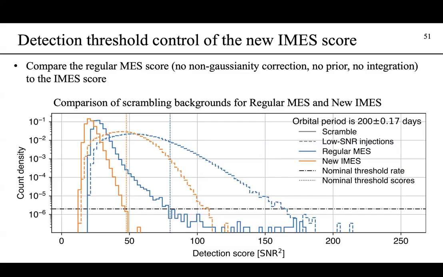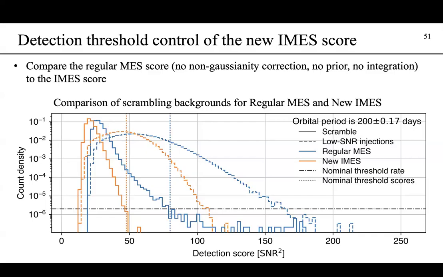So for example, here we decided to let the background rate be this 10 to the minus 6 times something, and then we put the detection threshold where it crosses the distribution. And for the same rate, the detection threshold for the new detection statistic, the corrected one, will be here. So thanks to the reliability correction, we shifted the detection threshold to be lower.